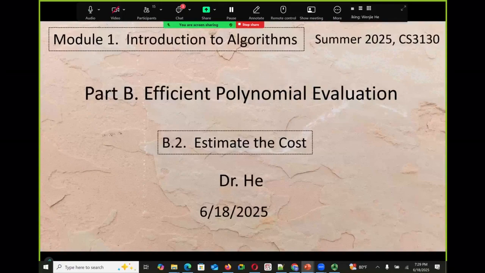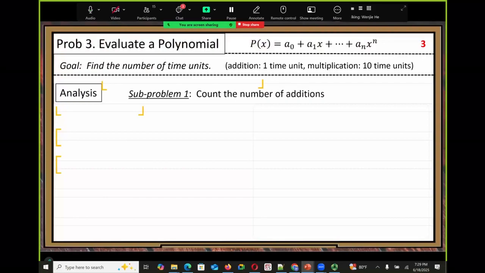So let's move to the next topic, B.2, estimate the cost. Now we can estimate computation cost. Subproblem 1: let us count the number of additions. That's our brute force, straightforward, direct way.